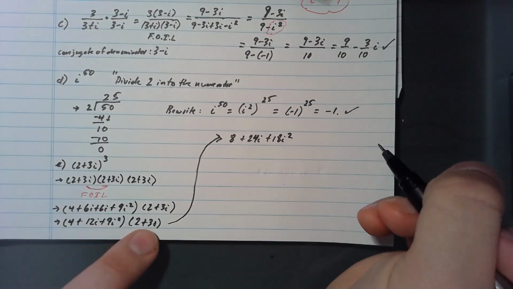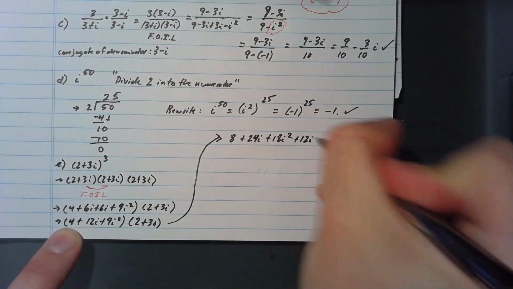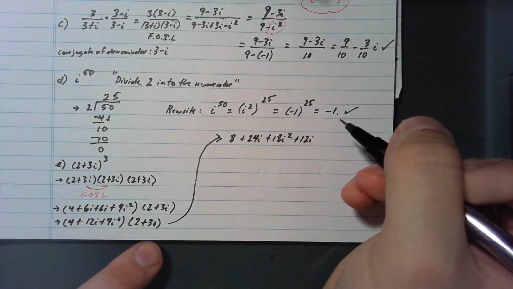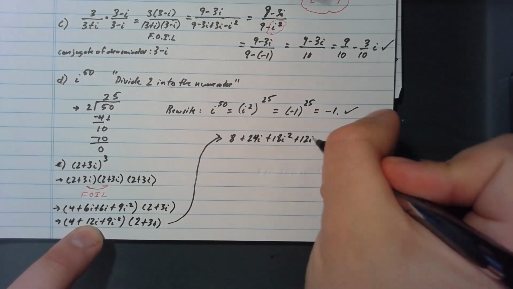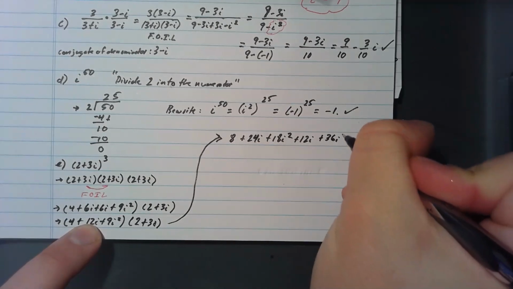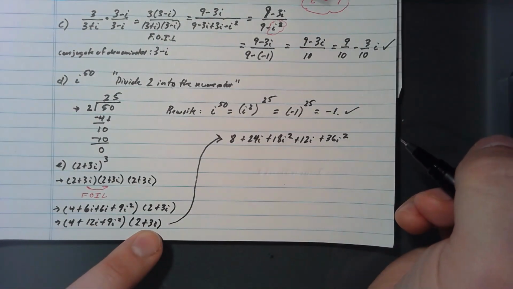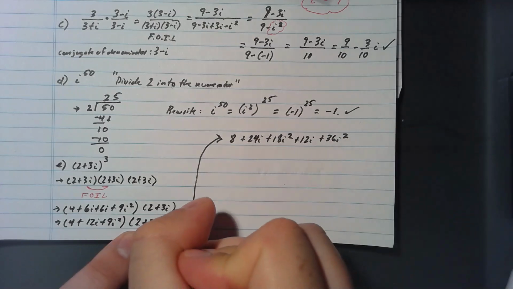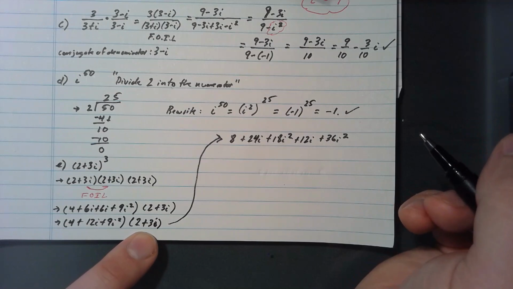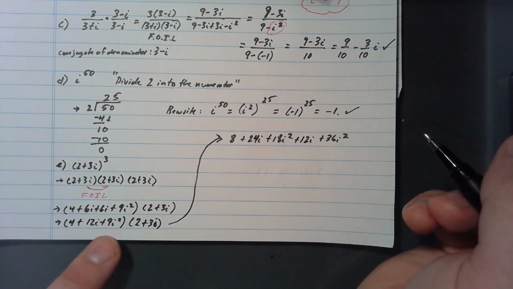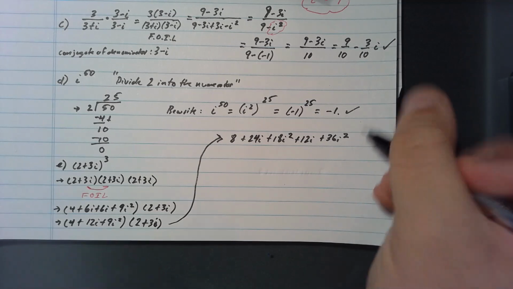Now 3i times 4 is 12i. 3i times 12i is going to be what? 36i squared. And then 3i times 9i squared is going to be 27i cubed.